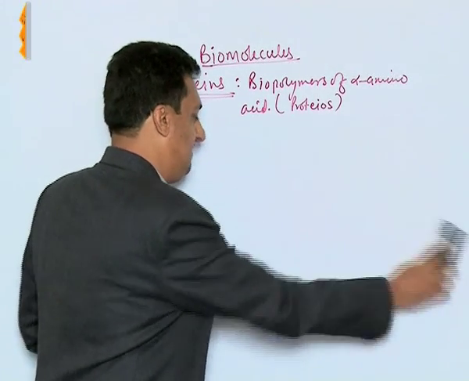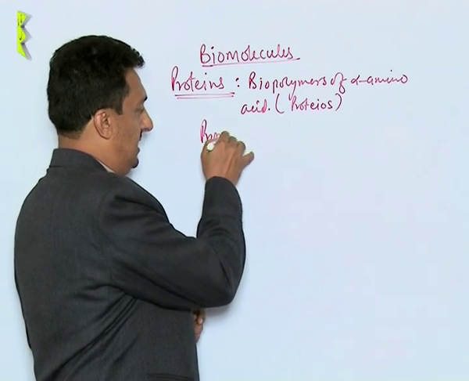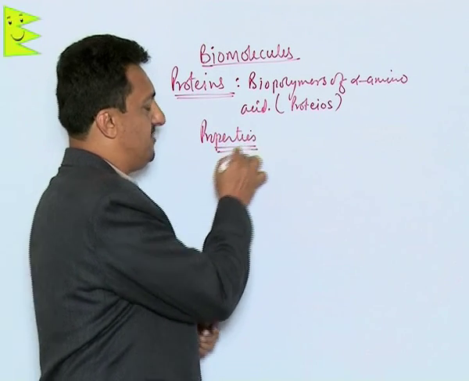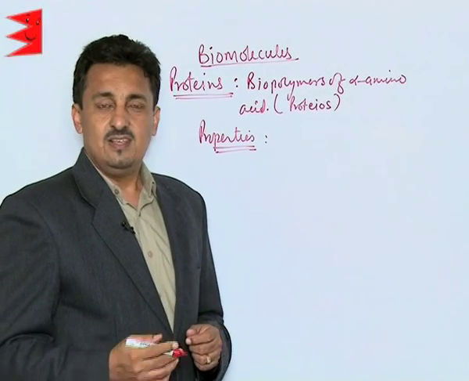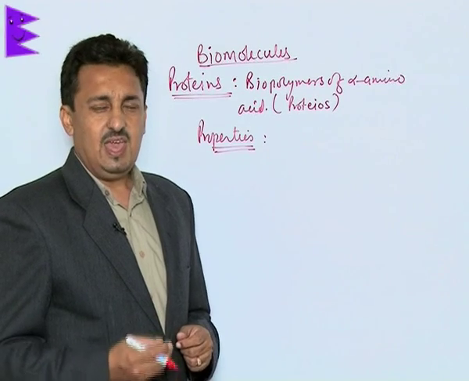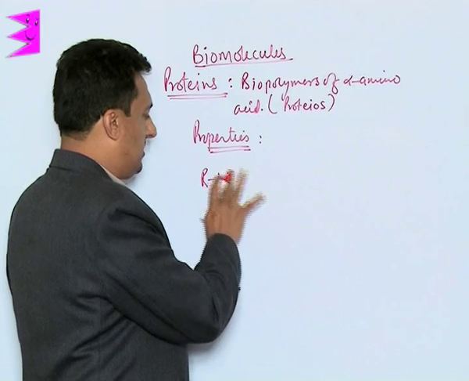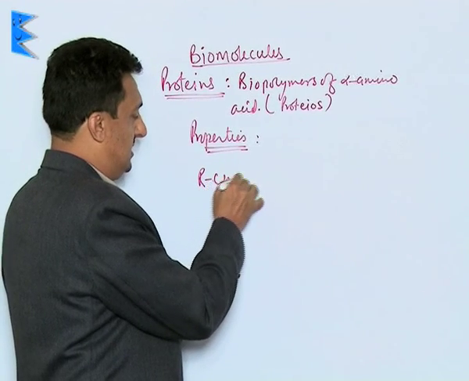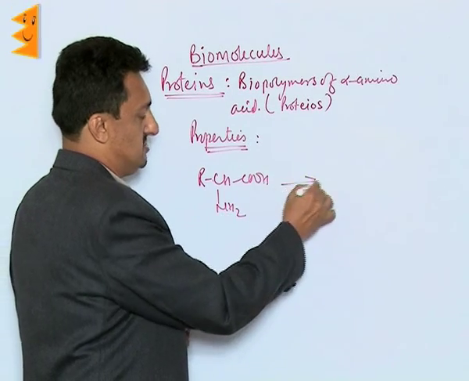Let us understand the properties of amino acids. See, amino acids usually are colorless, crystalline substances which exist in the form of salts. In aqueous solution, whenever we put any amino acid, what important thing we notice is that they show self-neutralization.